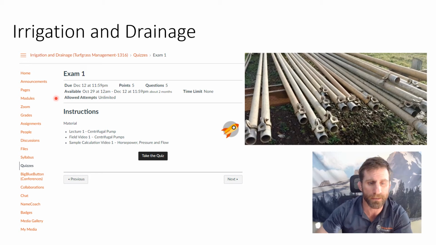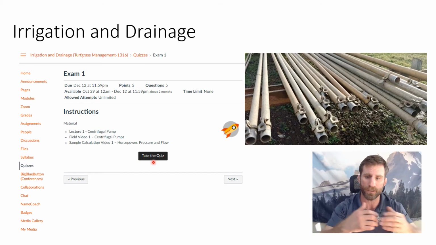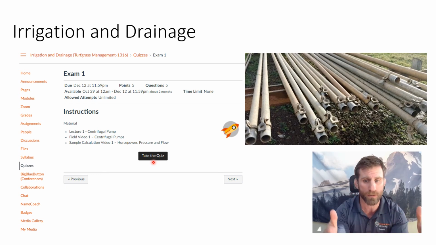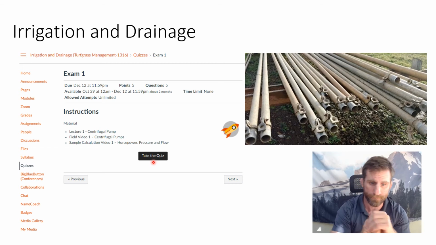It's got unlimited attempts. And the material here on this exam, again, is lecture 1. The most important thing being the lectures to focus on when studying for these exams. Okay, you click on this black button to take the quiz. The questions will come up and you can get started. And again, you can do this as many times as you want to get the best grade possible.